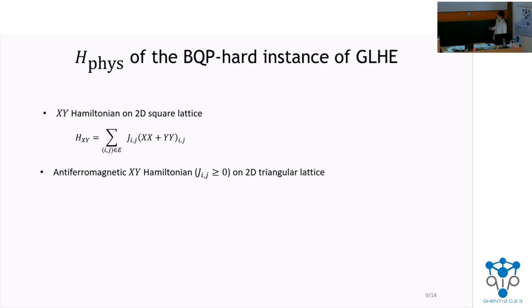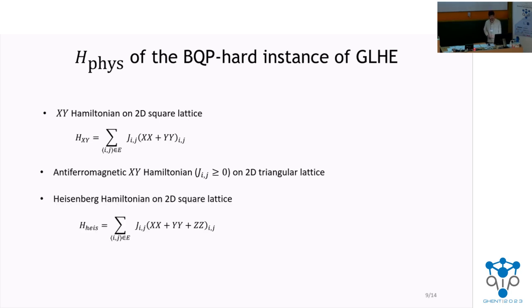Anti-ferromagnetic means that all the coefficients J_ij are non-negative. And the third one is the Heisenberg Hamiltonian, which is defined on a 2D square lattice of this form. And the last one is the anti-ferromagnetic version of the Heisenberg Hamiltonian, defined on a general graph. So we have shown the BQP hardness results of estimating the excited states for those two-local Hamiltonians.